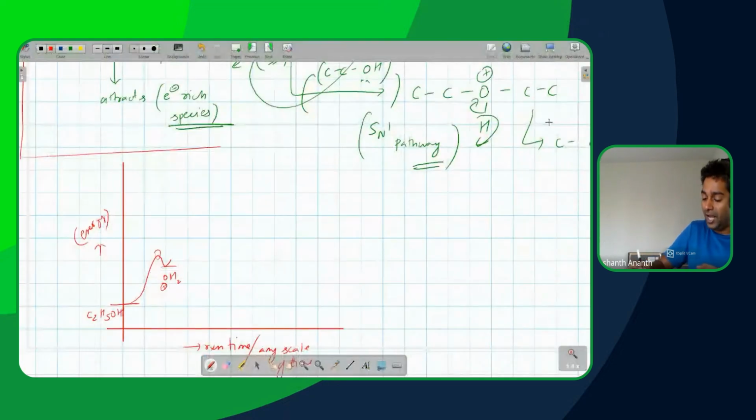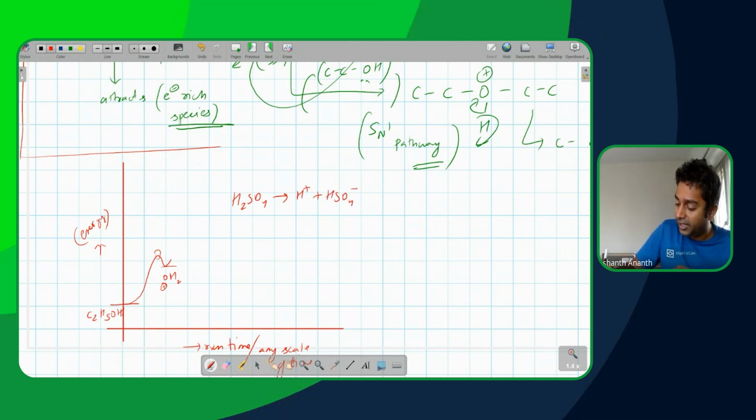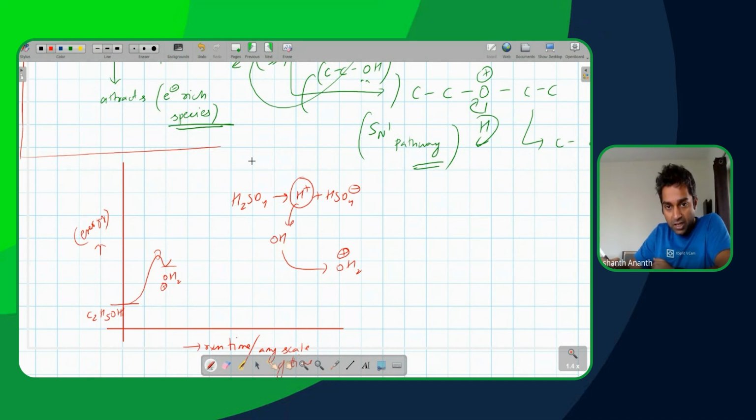Think what happens. I have H2SO4, basically. This instant where this H plus is supposed to combine with my OH, it's supposed to happen in instantaneous fashion, but nothing is instantaneous really in life, right?